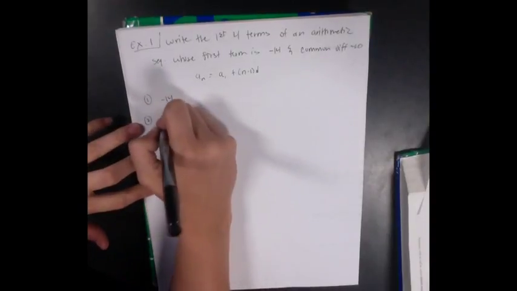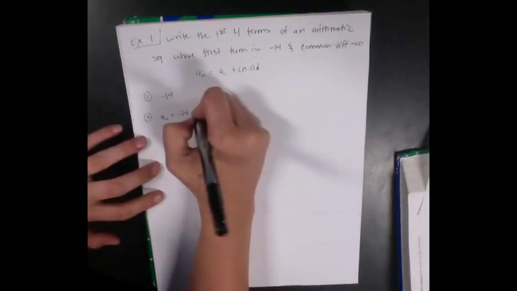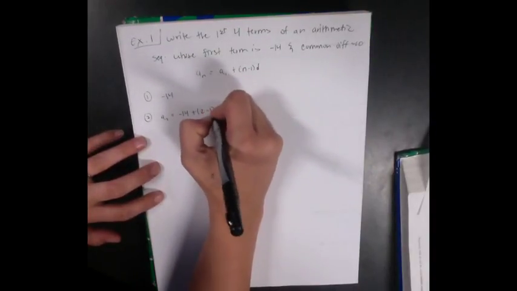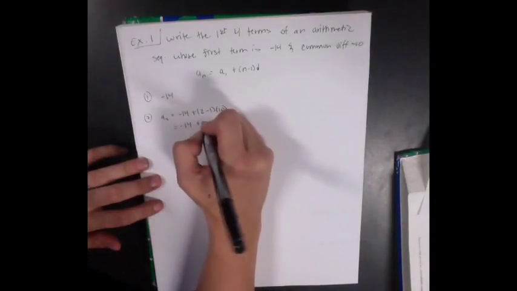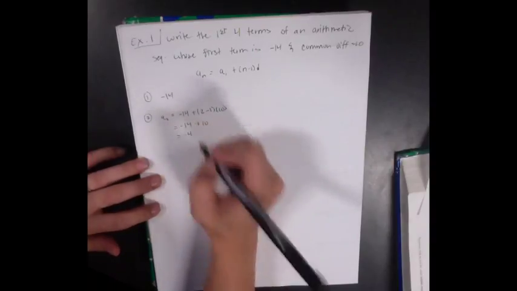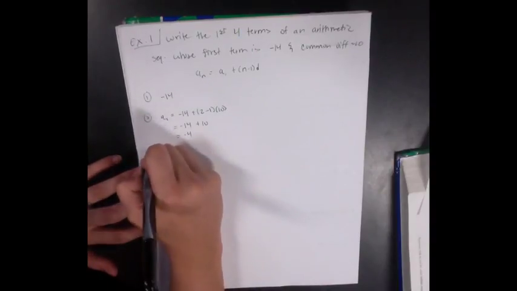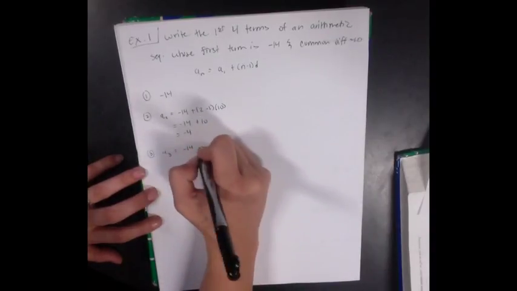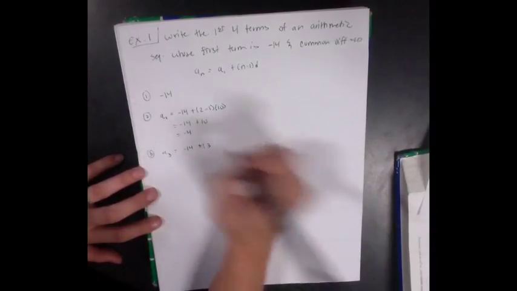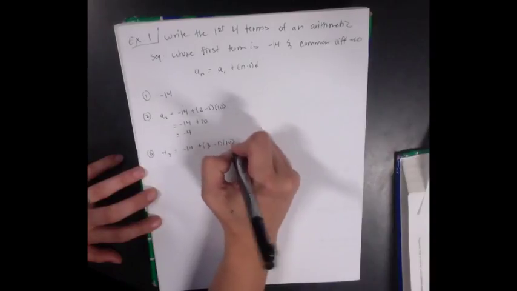Our second term, a sub 2, is negative 14, which is our first term, plus n, which is 2, minus 1, times my common difference, which is 10. So this gives me negative 14 plus 10, which is negative 4. My third term, a sub 3: a sub 1, plus n, which is 3, minus 1, times 10.